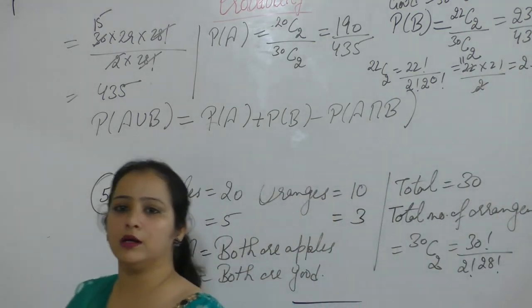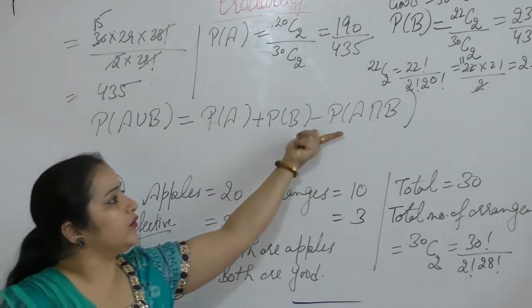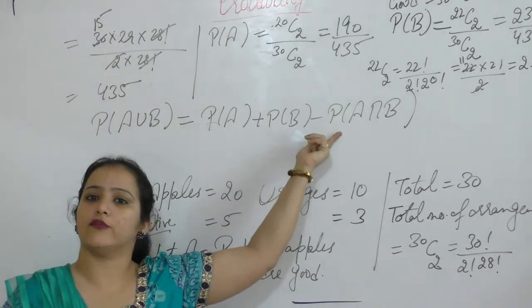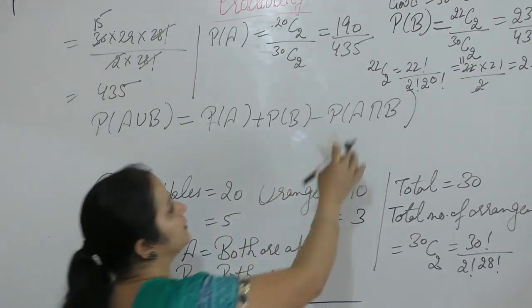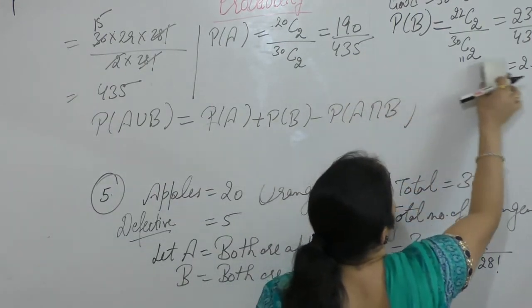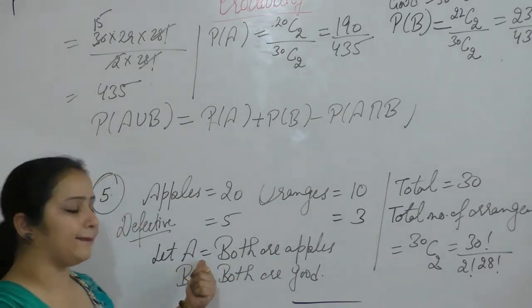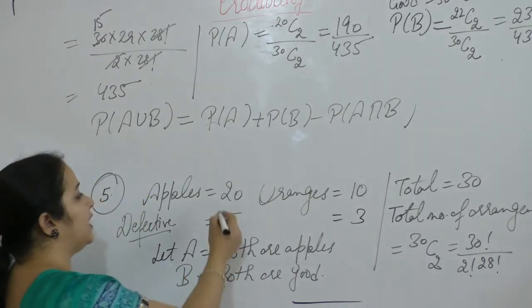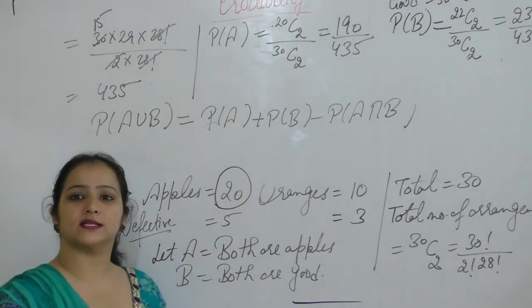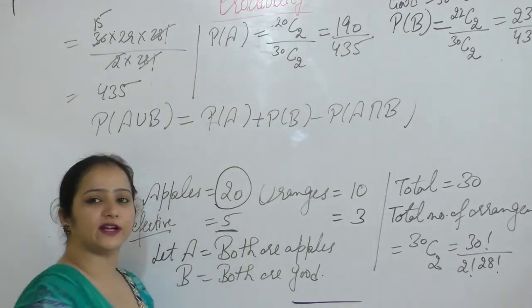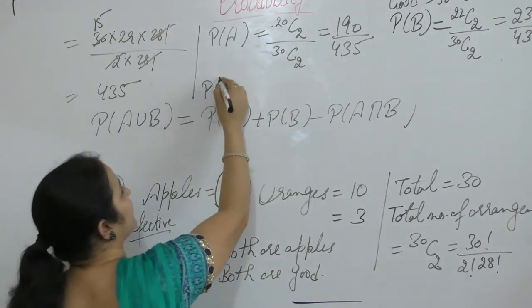231 upon 435. Now we want to find the probability of A intersection B. What is A intersection B? Both are apples and both are good. Now we have 20 apples, out of which 5 are defective. So good apples are 15.